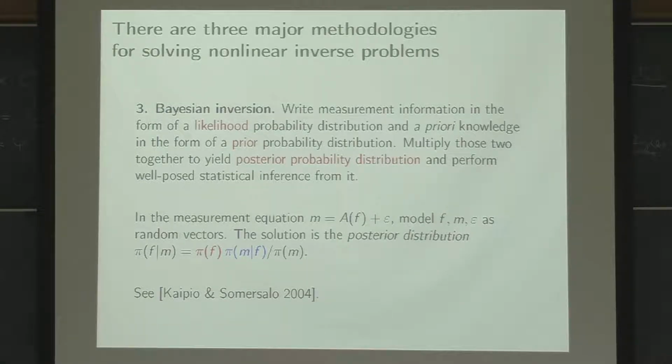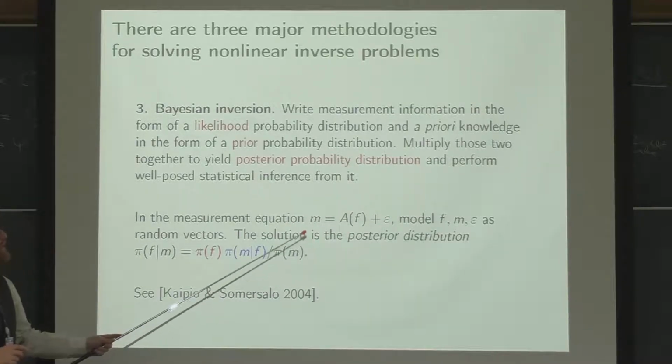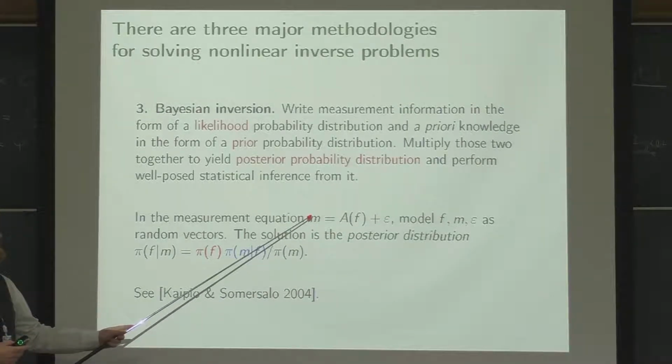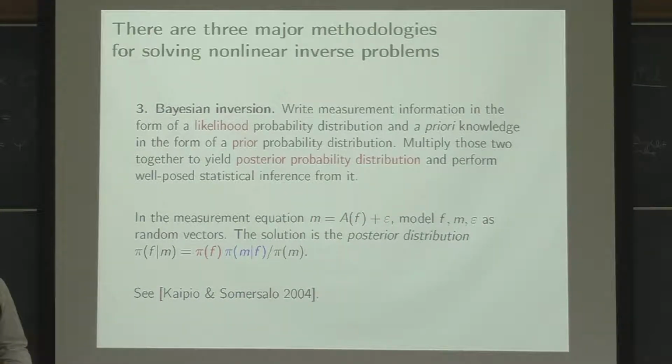There the idea is, in our measurement situation, to treat m, f, and epsilon as random variables, random vectors or random functions. And then look at the posterior distribution, the conditional distribution of the unknown f on the condition that our measurement is the m that was given by the machine, whatever our measurement machine is.